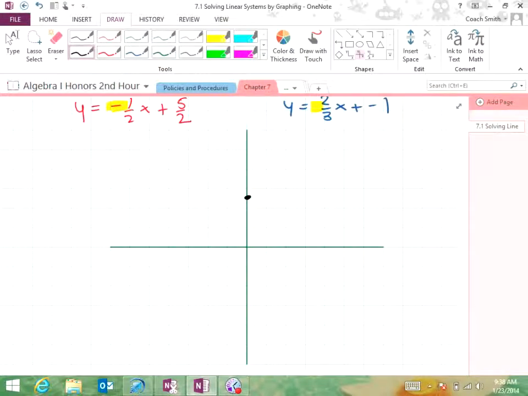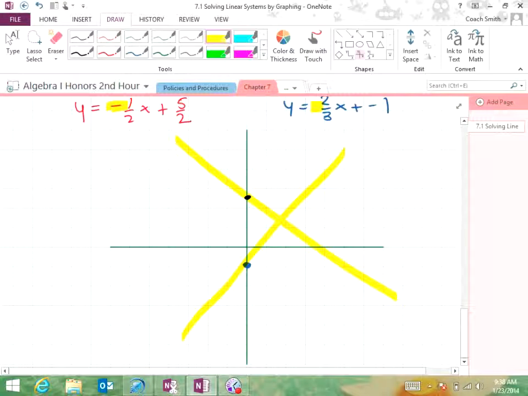And I'm going to go ahead and put the dot of my other one, which is negative 1. Negative 1 is right here. We know that this one goes up like that, and this one goes down like that. Okay? So obviously our point of intersection is going to be in there.